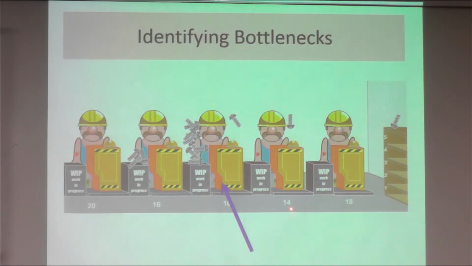Even if he can go for 14, the rest of the time he will be idle. So who is overloaded? This fellow. Continuously he is working overloaded, because he is the slowest pacer. So the whole output depends on this fellow. The output will be 10 pieces per minute.